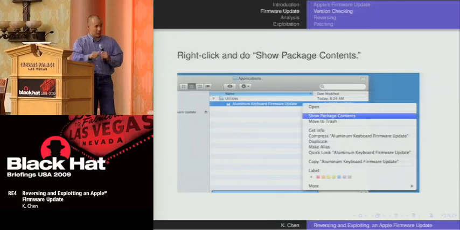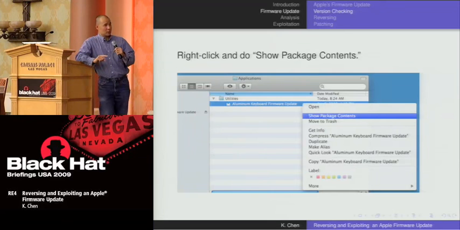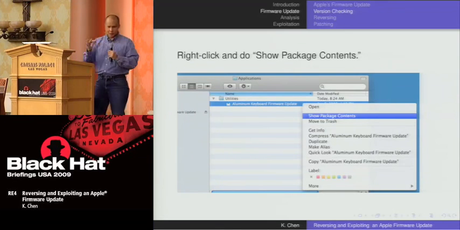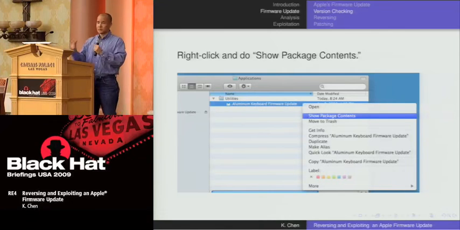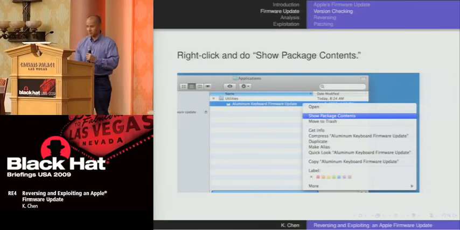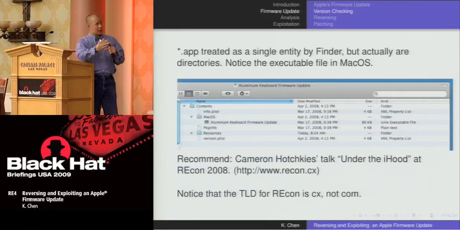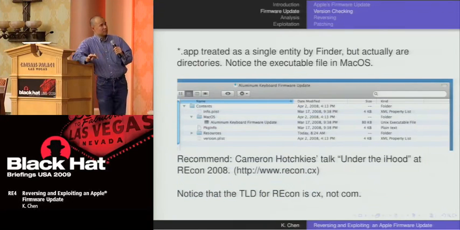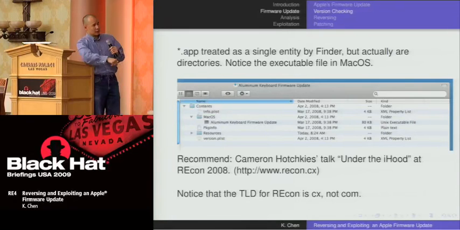Okay. So in that case, what we want to do is look at this Aluminum Firmware Update application. In Mac OS X, these applications are actually directories. So in Finder, we can right-click and do Show Package Contents. The .app is treated as a single entity, but there's all this stuff inside, and there's a Contents directory, and within it, all this other stuff.